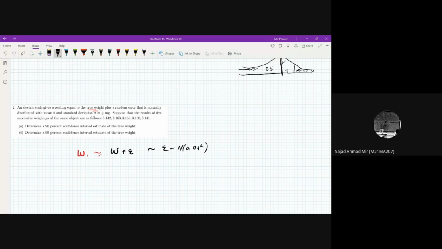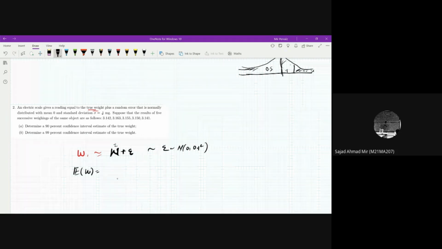If it was giving just the true weight, then this was not a random variable. Since there is some error associated with it, which comes from a random distribution, it becomes a random variable. So if we look at the expected value of W, after the random noise gets added, let's say this is W bar.